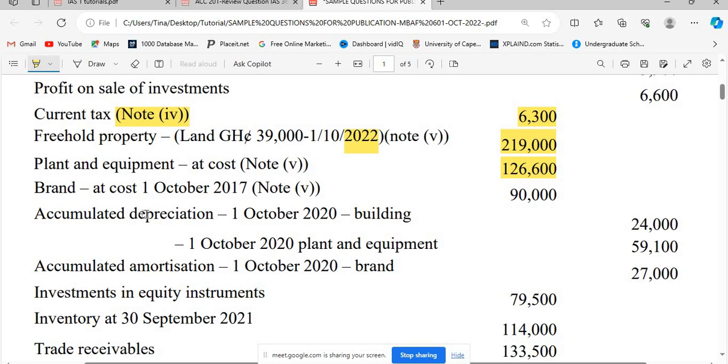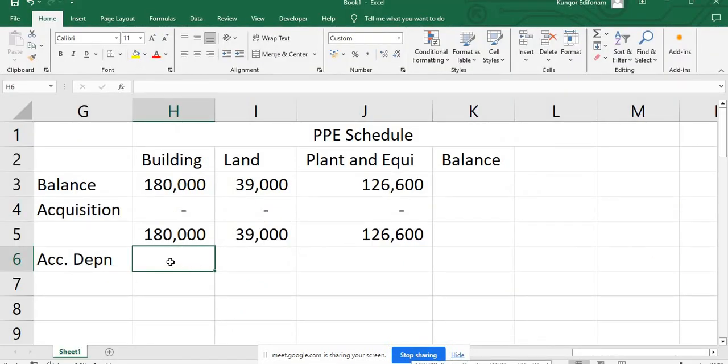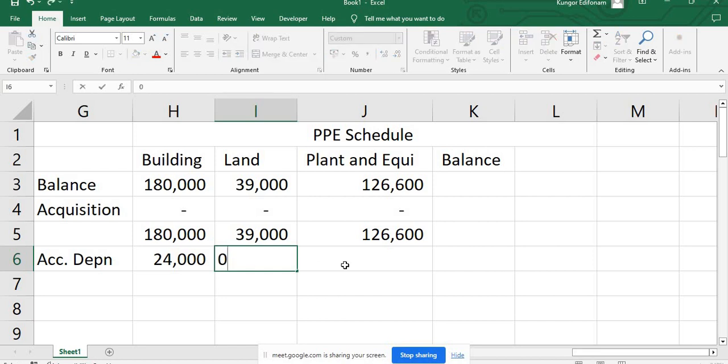So the accumulated depreciation relating to the property will be for the building. So the building's depreciation will be 24,000. That will be the accumulated depreciation, which is 24,000. So we less that. Which means land will not have any of it.